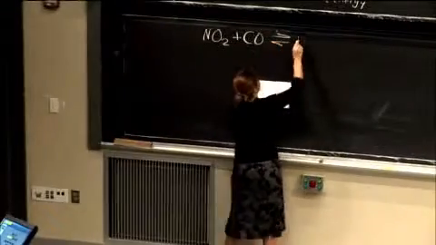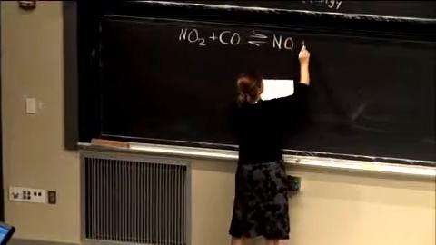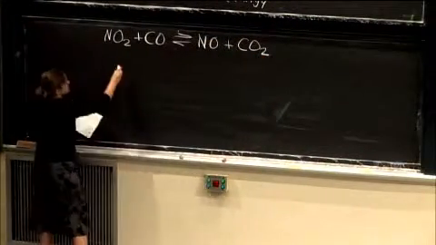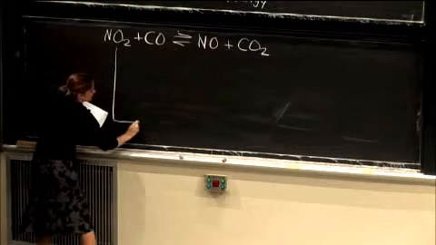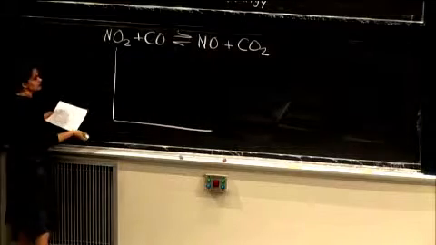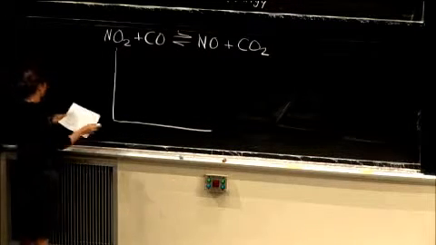So in this example, you have NO2 plus CO, and they can come together and form NO plus CO2. And that's going to take some amount of energy to react. And so I'm drawing something that's called an activation energy diagram.